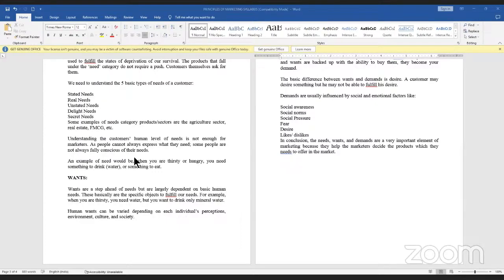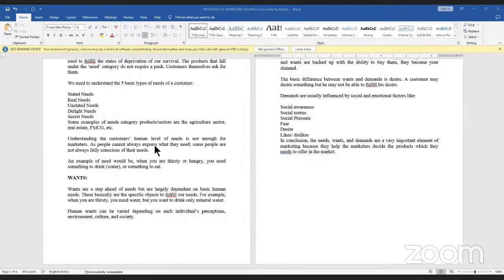So those are delight needs. Secret needs are the physical needs of the body, based on biological requirements. Some of these example categories are agriculture, real estate, FMCG, so different products fall under different needs.